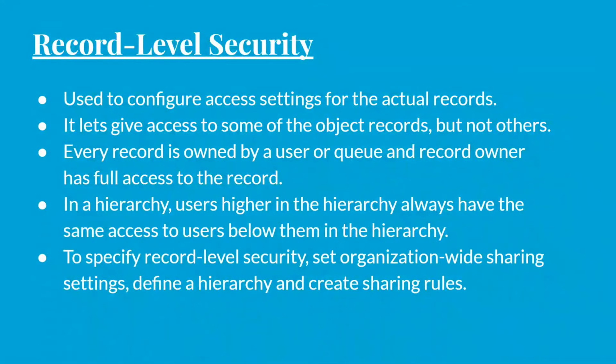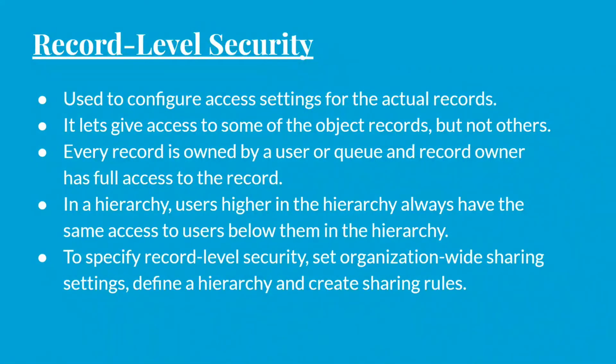But then there are some other users as well. If you have defined a role hierarchy in your organization, then in a hierarchy, users higher in the hierarchy always have the same access as users below them in the hierarchy. So this is something which can be used for defining the access.